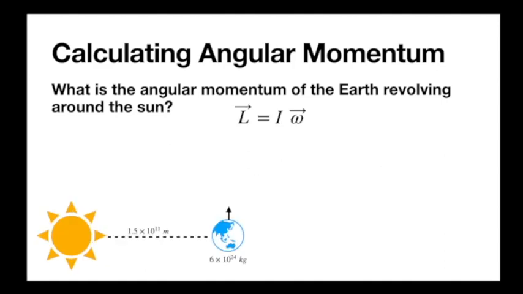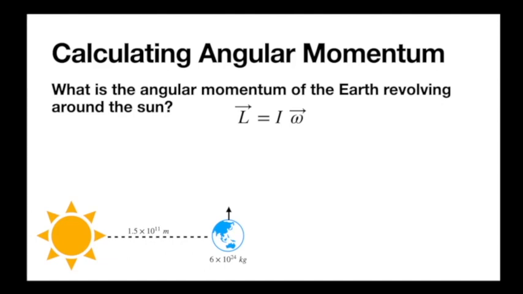And how do we do that? Well, for the angular momentum, we need 2 things, the rotational inertia and the angular velocity. So first, let's do rotational inertia, because we just talked about that. If we want the rotational inertia of the Earth around the sun, then there's just one piece of mass, only one mass element, and that's the Earth, right? We don't include the sun, for 2 reasons, I guess. One, because I asked about the angular momentum of the Earth, not of the whole system.